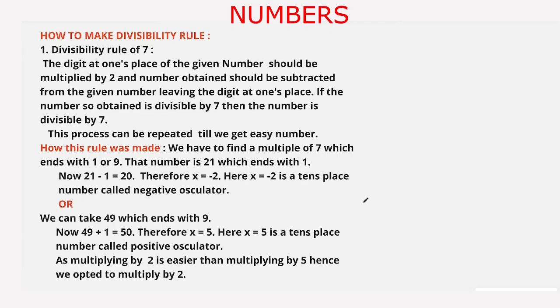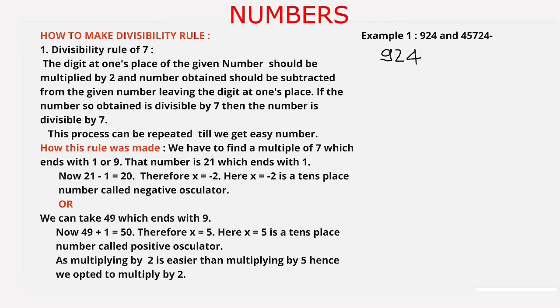I will explain this by example. We will find the divisibility by 7 for the numbers 924 and 45,724. 924. The ones place is 4.